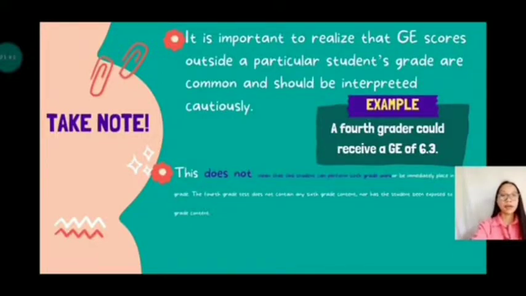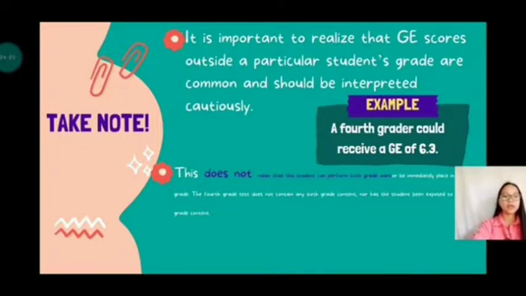We also have another example. A 4th grader could receive a grade equivalent of 6.3. This does not mean that this student can immediately perform 6th grade content.